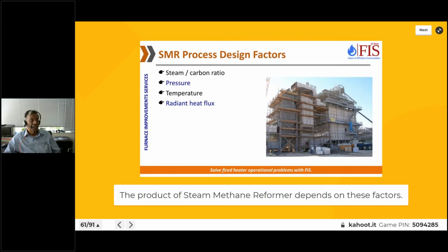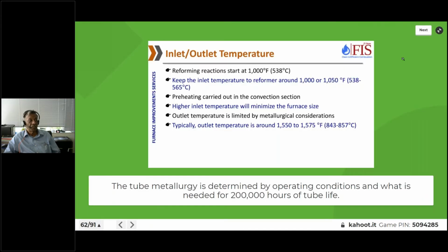So the SMR furnace design factors, there are 4 major important factors. We're talking about steam to carbon ratio, operating pressure, outlet temperature, and radiant heat flux. These are the 4 important parameters that you want to design. So inlet outlet temperatures.